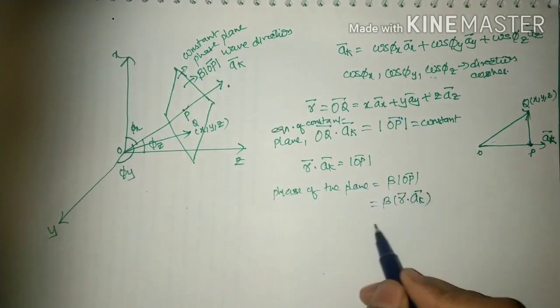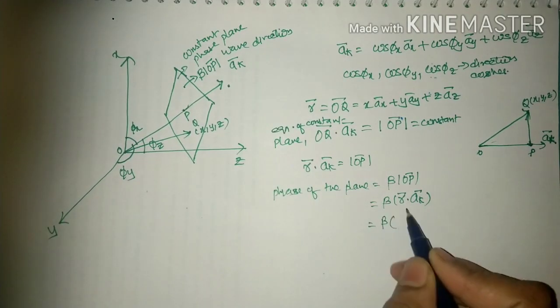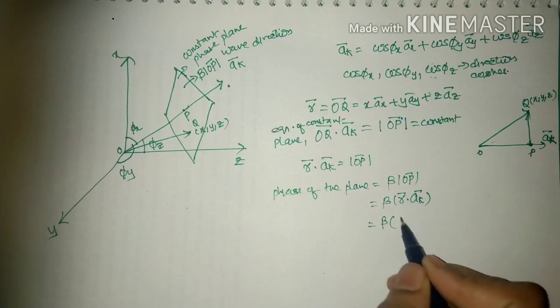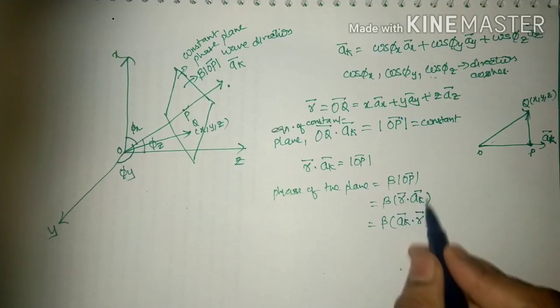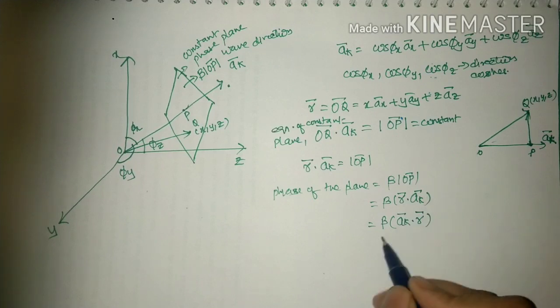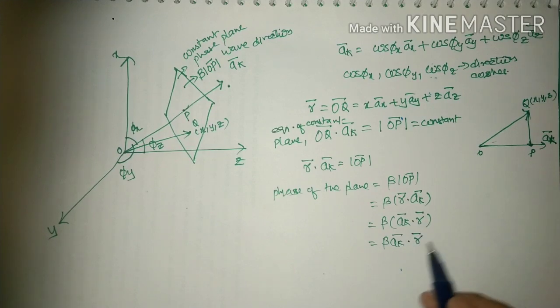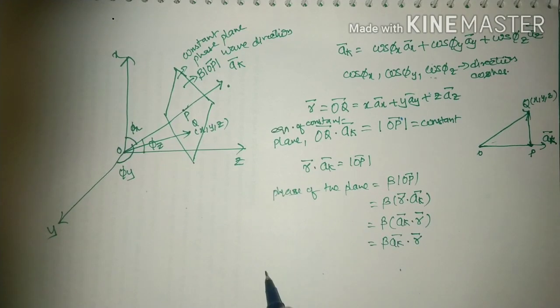Or otherwise you can write, since A dot B is the same as B dot A, this can be written as beta into AK bar dot R bar. Beta into AK bar is represented as K bar, whose magnitude is equal to beta and whose direction is along the direction of wave propagation.